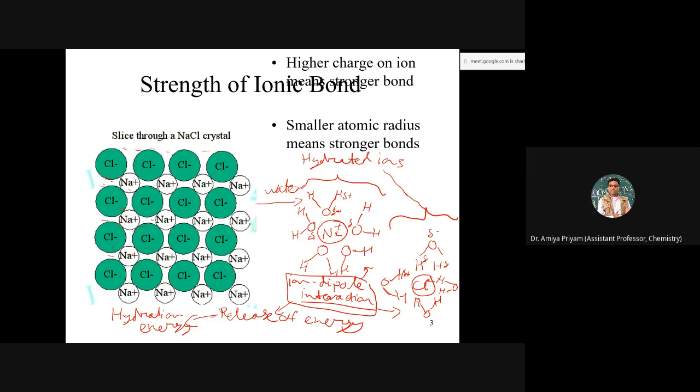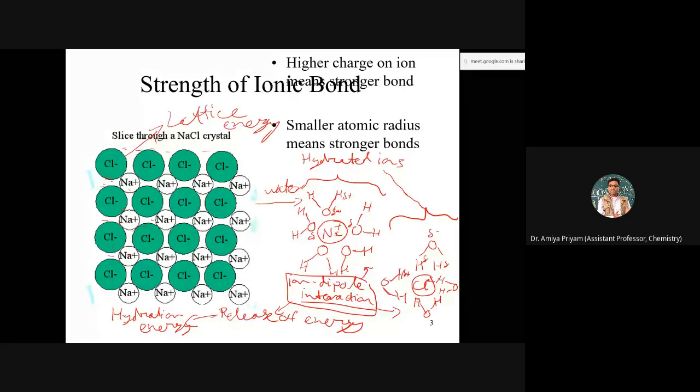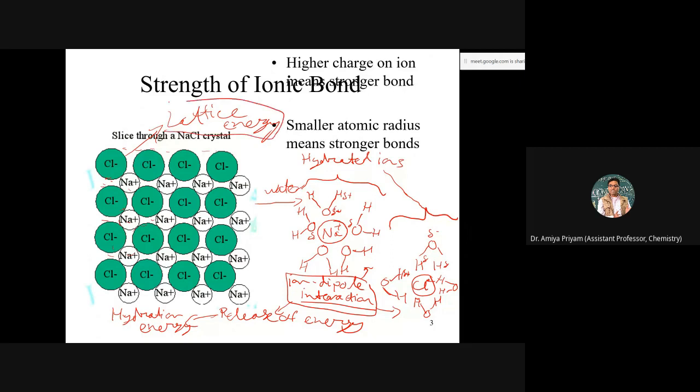In this case, you had the lattice energy that you calculated when the Na plus is surrounded by 6 Cl minus in a tightly packed manner in three-dimensional networks. This amount of lattice energy will be required to overcome and separate them out.